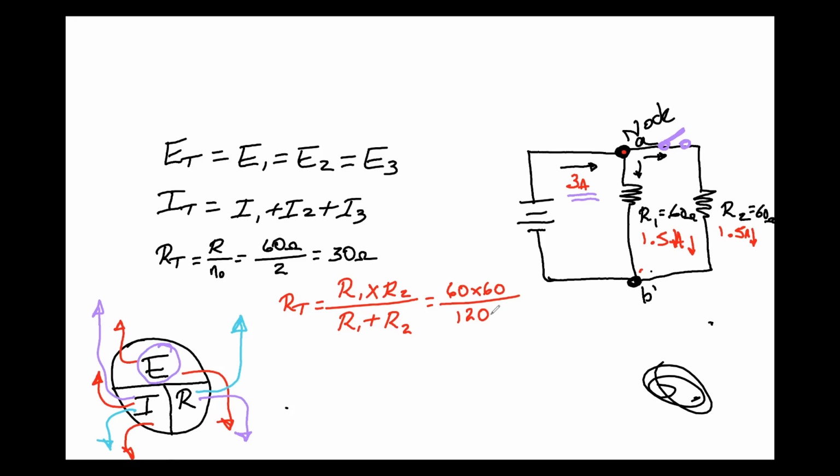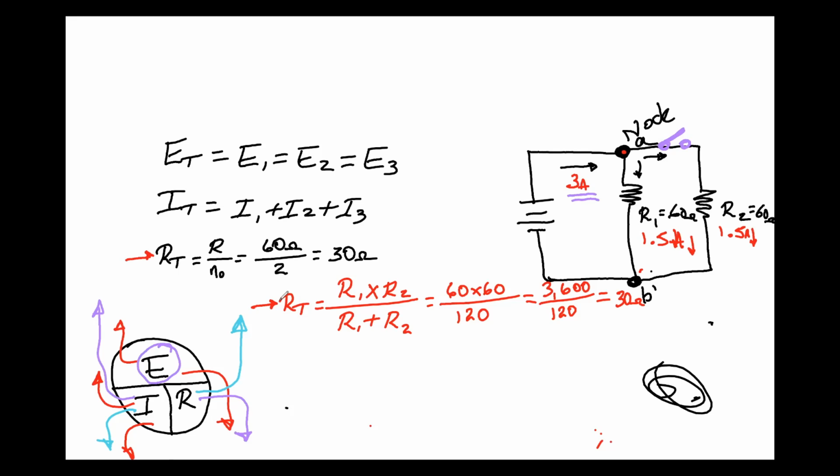With all confidence, 60 times 60 is 3600, divided by 120, and that's going to be equal, of course, to 30 ohms. So you can see that both formulas are consistent. Remember, this is when all of them are equal, and this is when we have two resistors only.